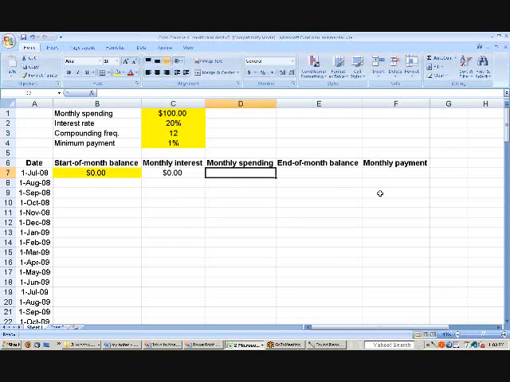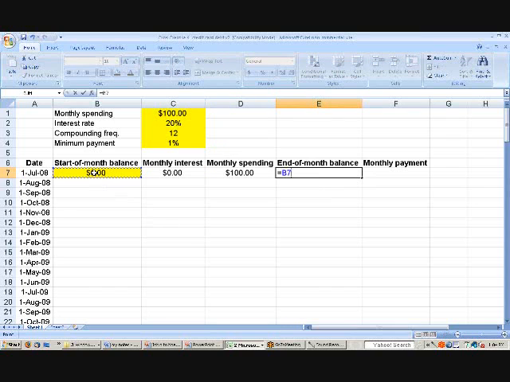Our monthly spending is just going to be fixed at $100 we set every month. And then our end of month balance is going to be whatever our start of month balance was, plus any interest that we've accrued during the month, plus any spending that we've done during the month.